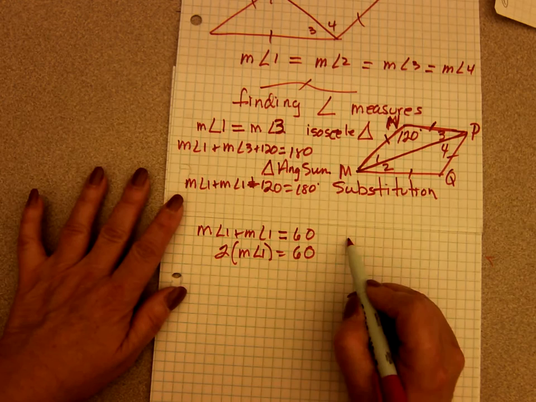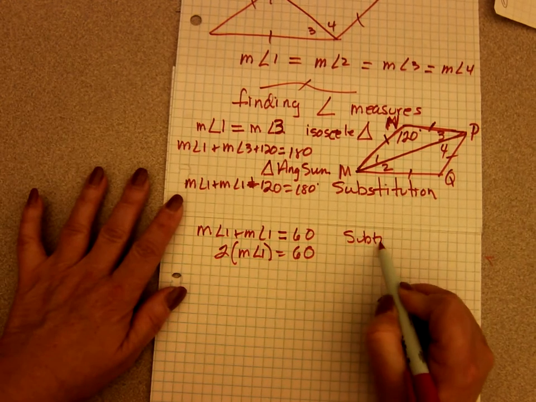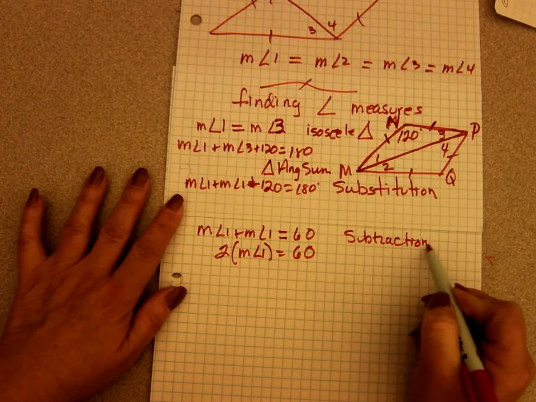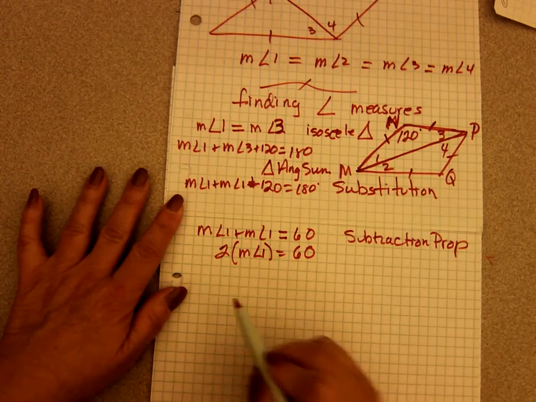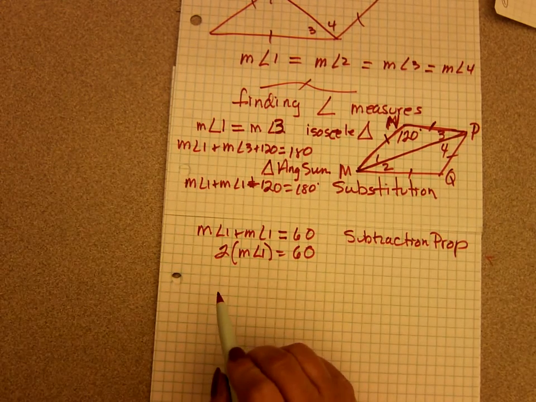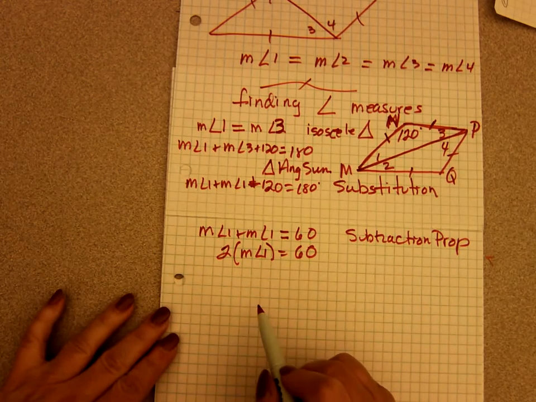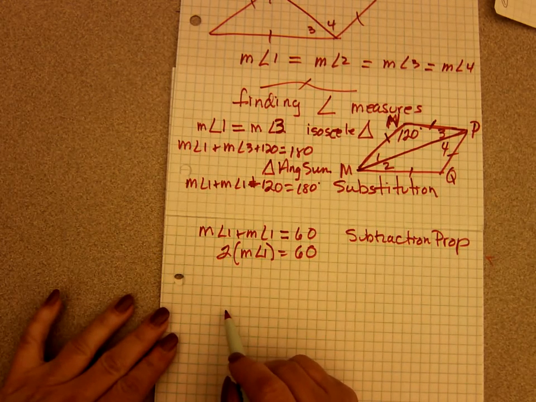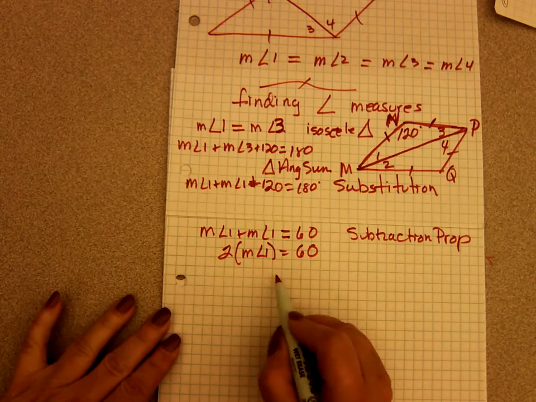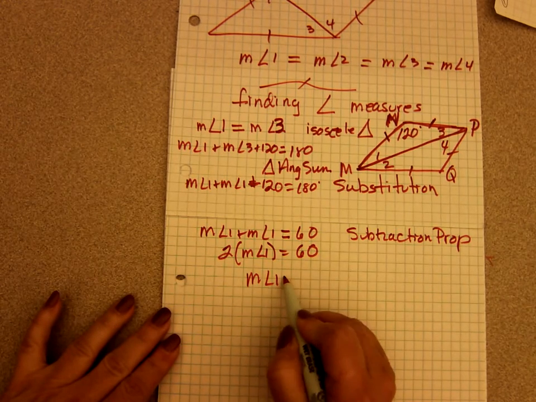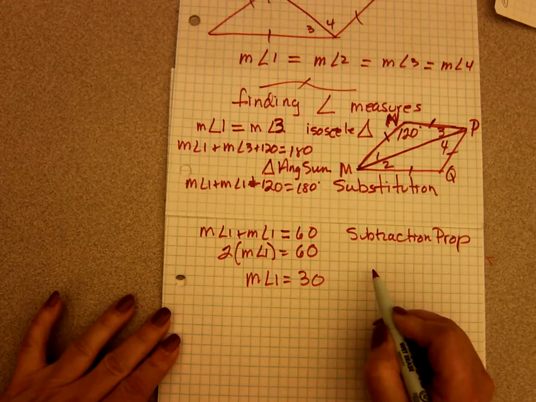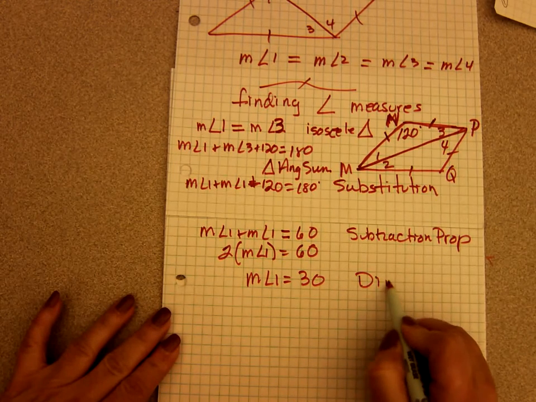This was the subtraction property. I have one step left. What might I do here? Good. I'm going to divide by 2. And this was the division property.